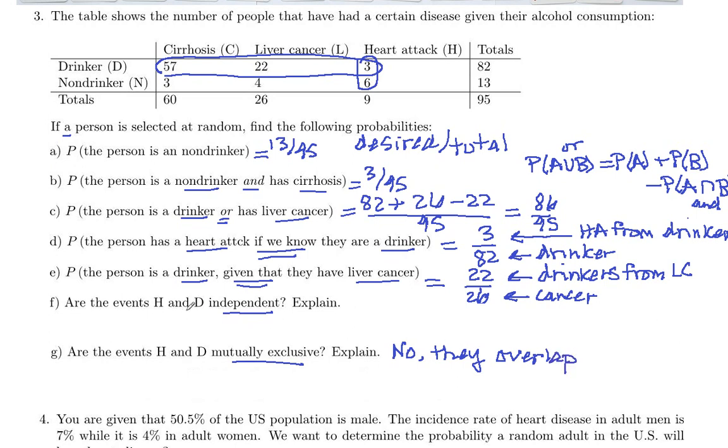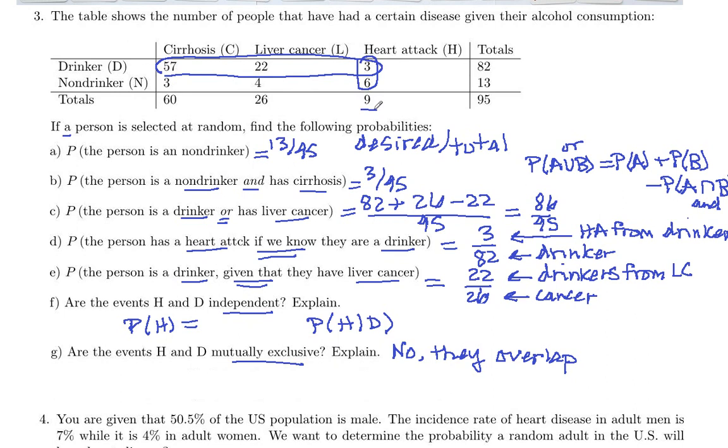And then to look at independent, you have to compare the probability of H, see what that is, versus the probability of H given D. So see if it makes any difference having one event given. So heart attack is desired out of total.